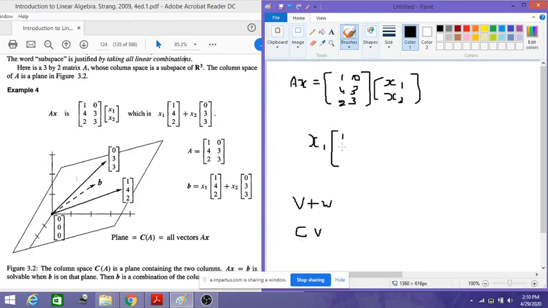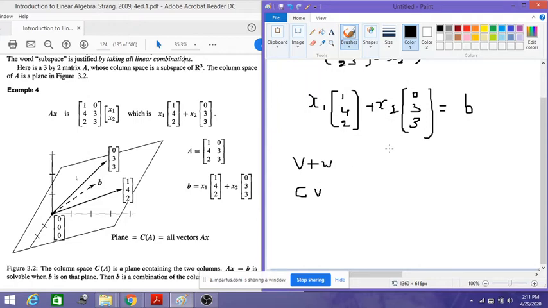So let us come back to this example here. x1 times the first column plus x2 times 0 3 3. Now this should be equal to our b. Now this can be defined as a plane.